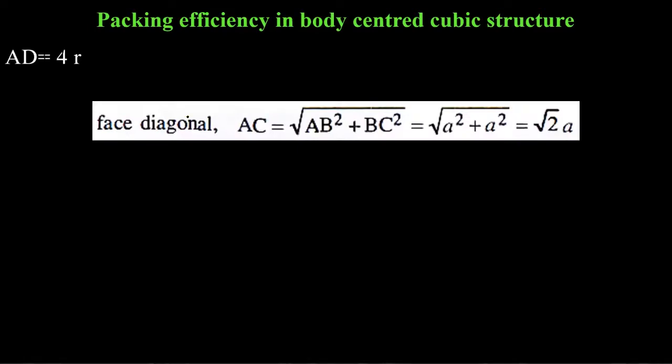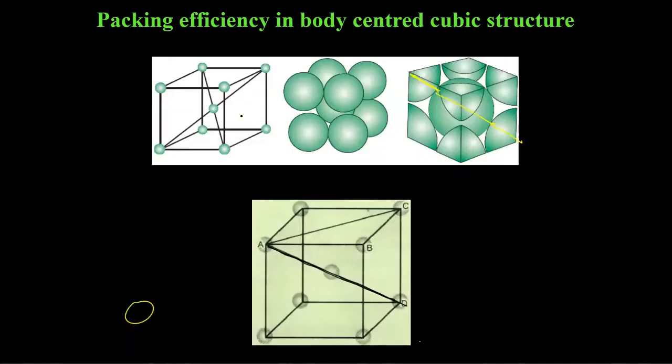Now the face diagonal AC will be AB square plus BC square. So if this side is A, AC will be A root 2 by the Pythagoras theorem, because this is a 90-degree angle.